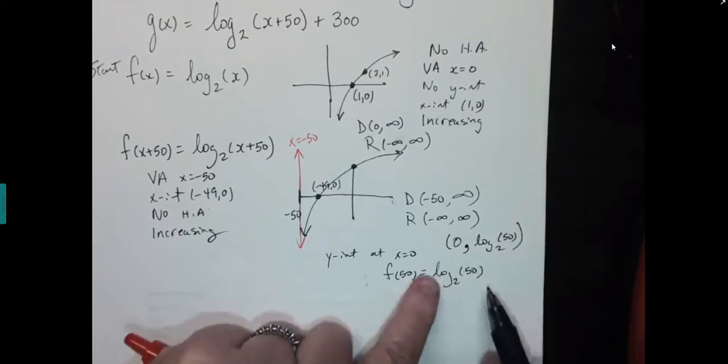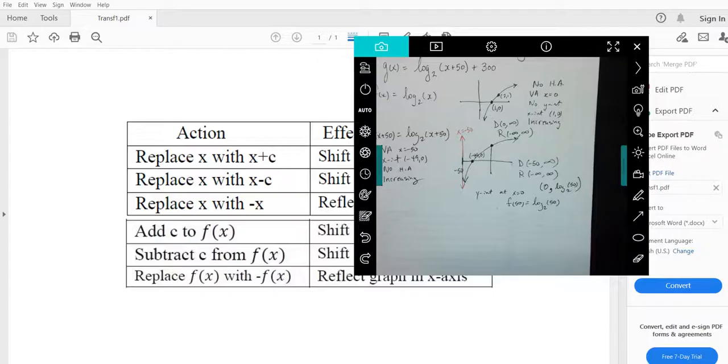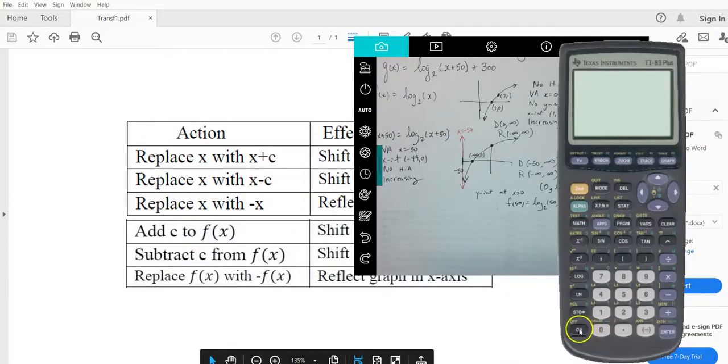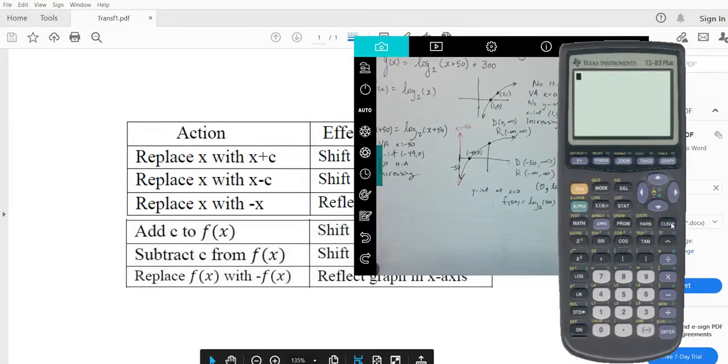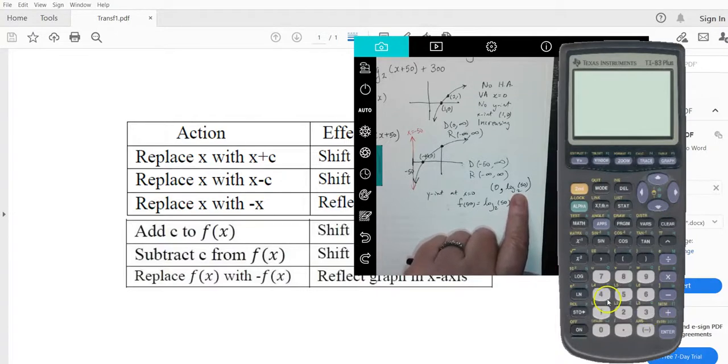Now, if you were told to get that to 3 decimal places, I can do that if I get my calculator up. What is log of 50 taken at base 2? My calculator doesn't do base 2, so I'm going to have to do a conversion.